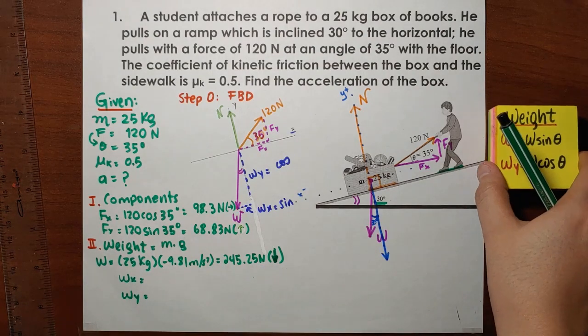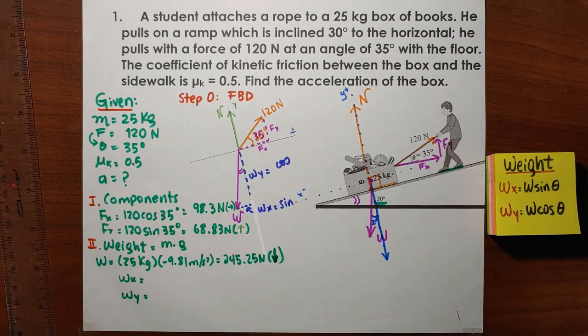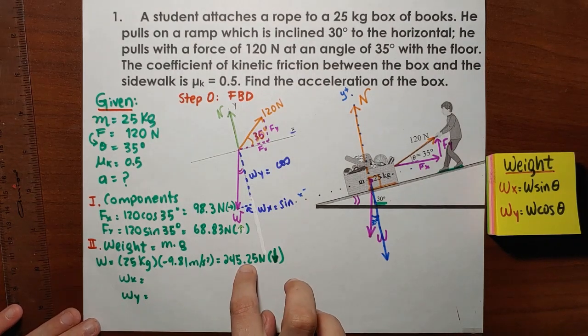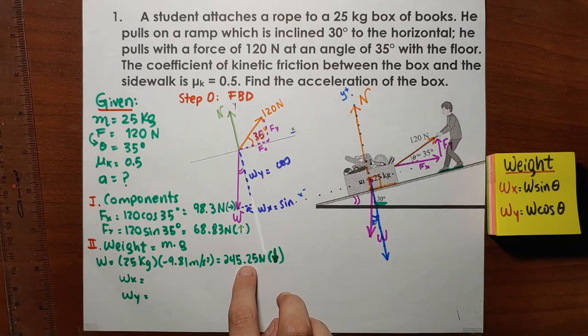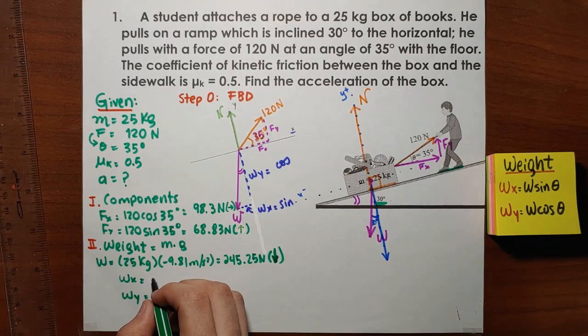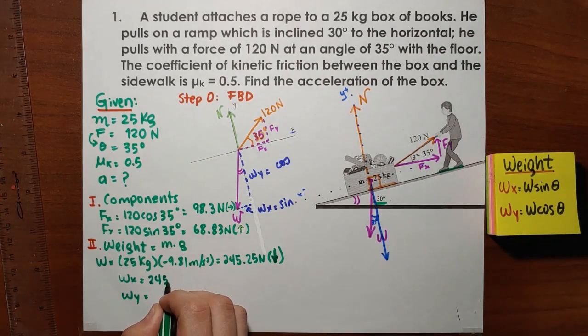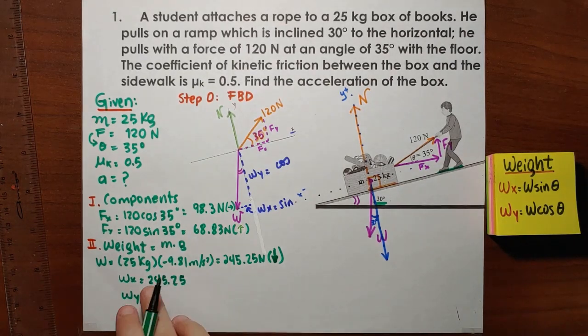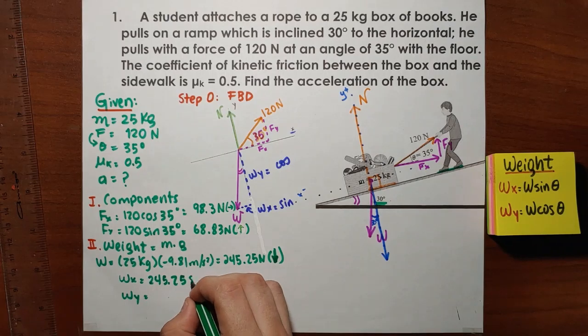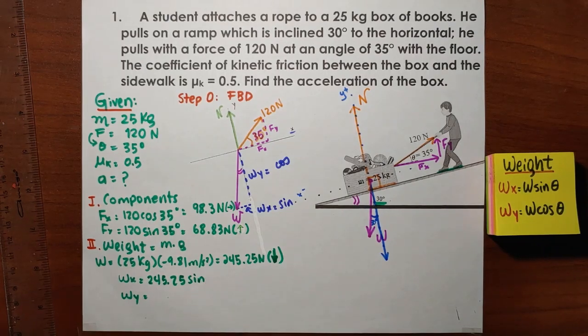So now is the time for us to use the weight formulas, Wx and Wy. So this is going to be the same value for W, okay? This is W, 245.25. For X, I'm going to be using sine of my angle. What angle?